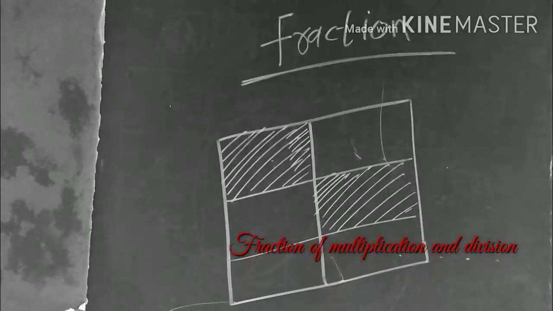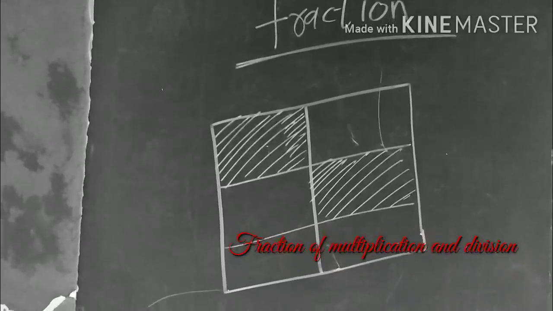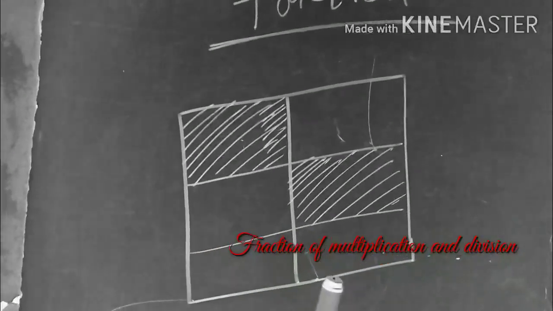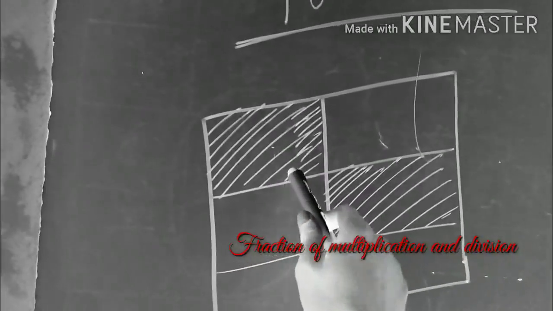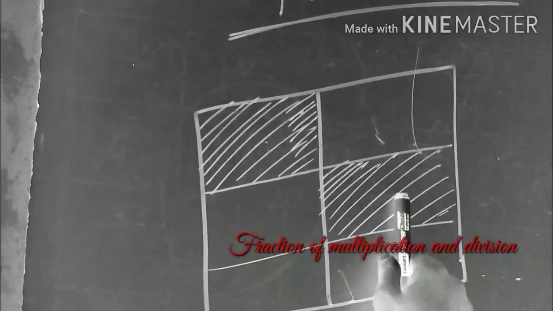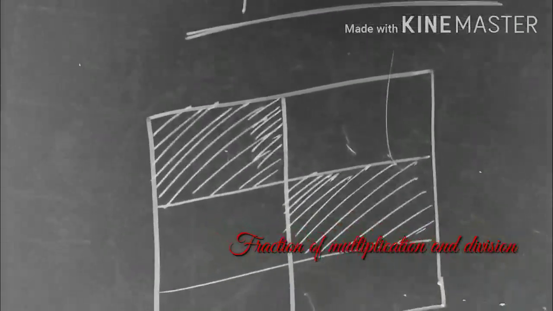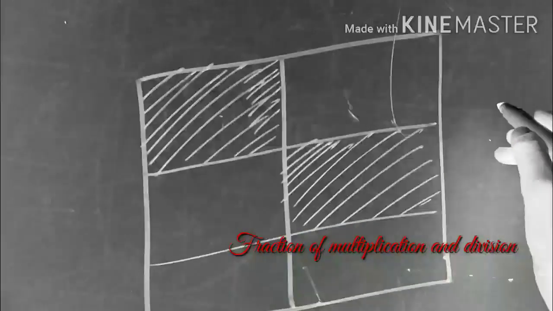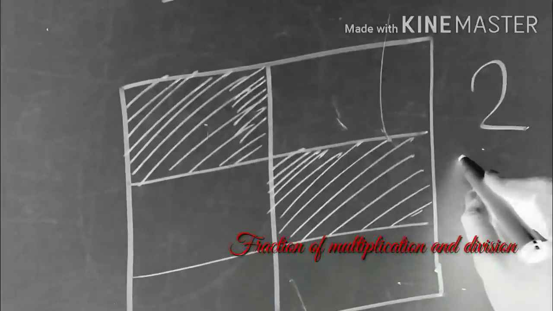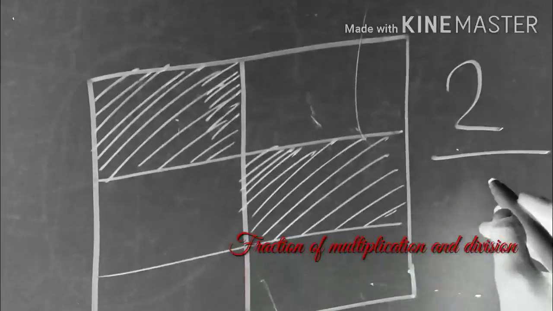Look at another example. This is a rectangle. How many boxes have I drawn? 1, 2, 3, 4, 5, 6. Out of 6, how many parts are colored? 2 parts. So how can we write this fraction? 2 is our colored part and the total is 6.